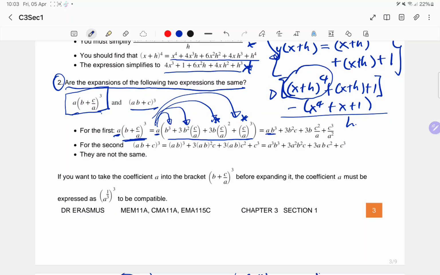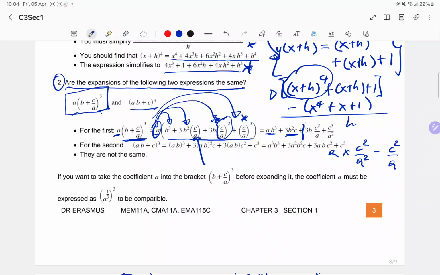So on your first term you have a times b cubed. The second term, the a in your denominator vanishes because it gets cancelled by this a. So that's why you have 3b squared times c. With the next term, you have c squared over a squared, so this is just this portion. This is going to be a times this, giving you c squared over a.